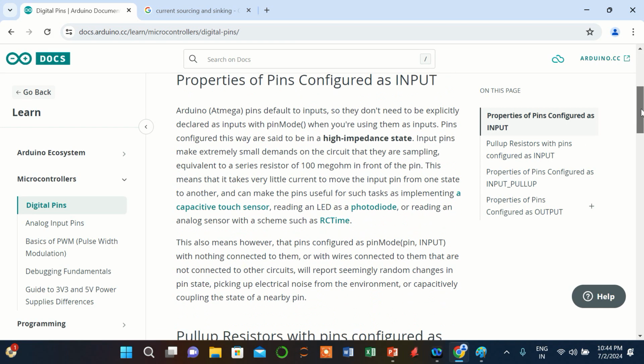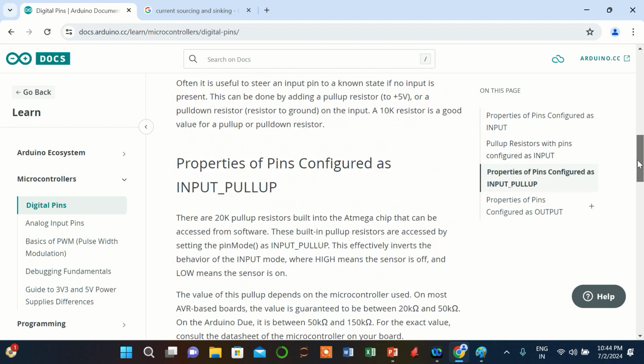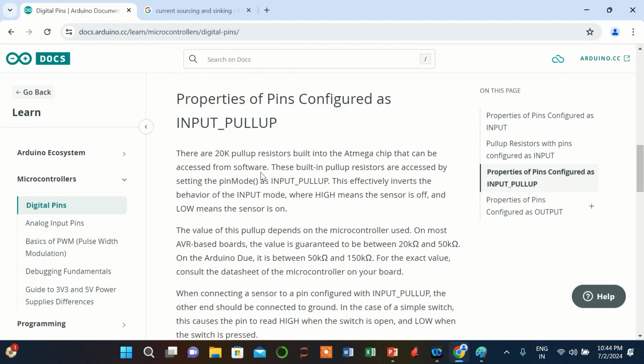If you want more details about the pull up resistor, you can refer to the manual, where it is mentioned. If you carefully read the properties, particularly of the input pull up resistor, it depends on the controller you are using.